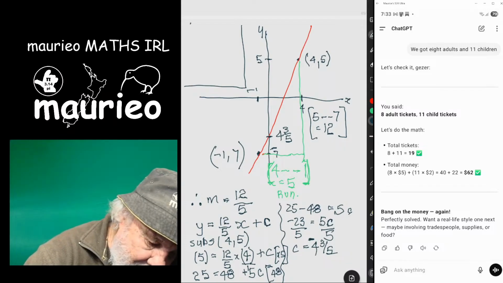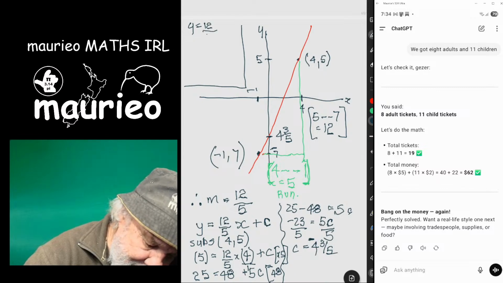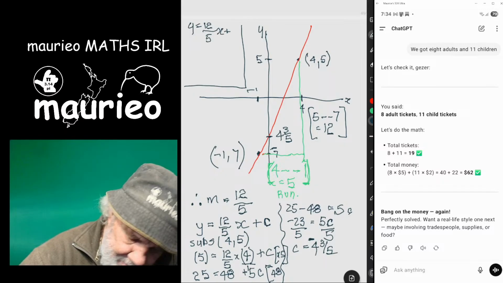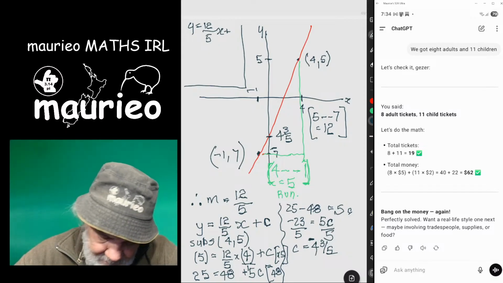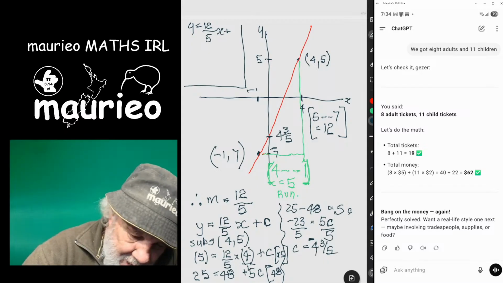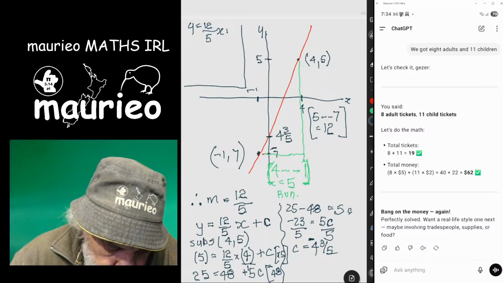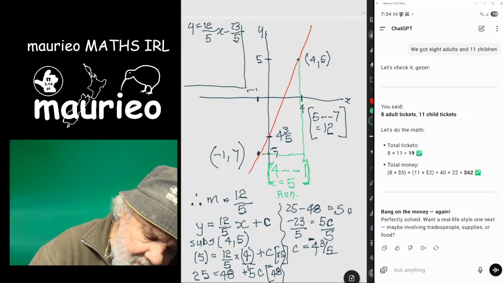So we've got y equals 12 over 5 x plus minus 23 over 5.